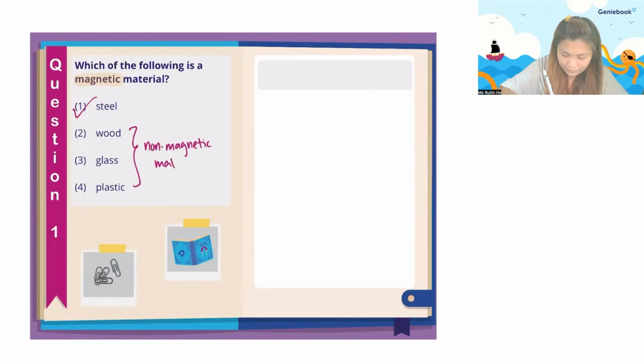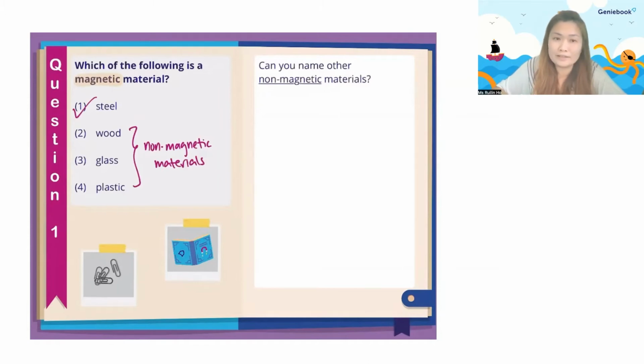So we have magnetic materials and non-magnetic materials. Other than that, can you name me other non-magnetic materials? Paper, very good. Any more?